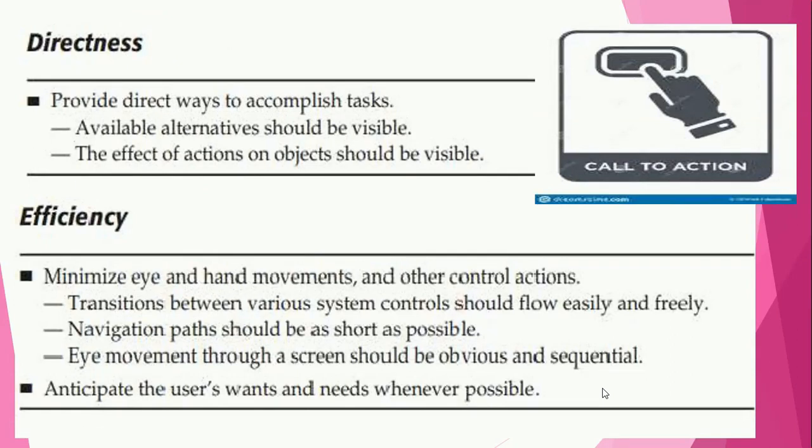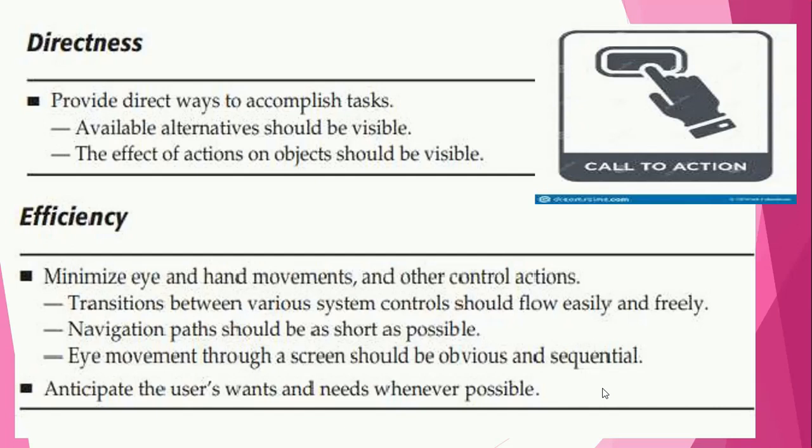Next point is directness. Provide direct ways to accomplish the tasks, and available alternatives should be visible on the screen. The effect of actions on the object should also be visible to the user. So any task should be performed directly.